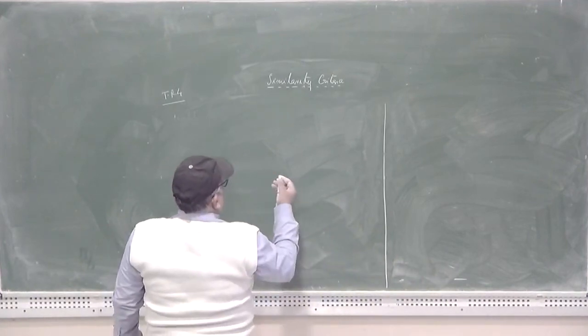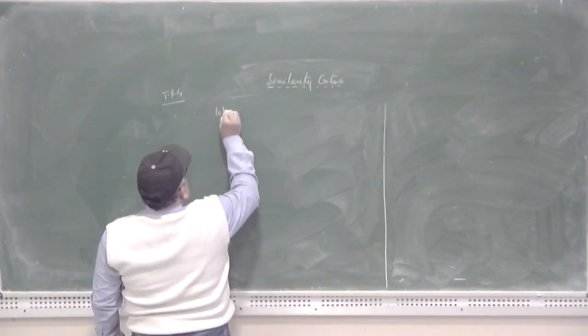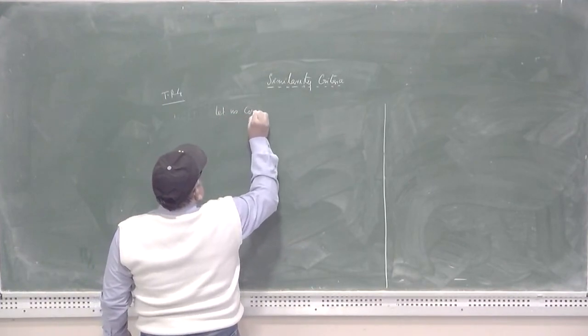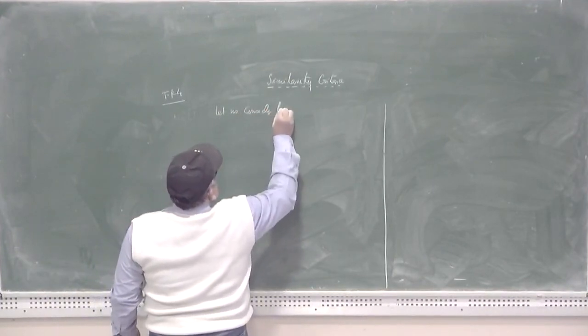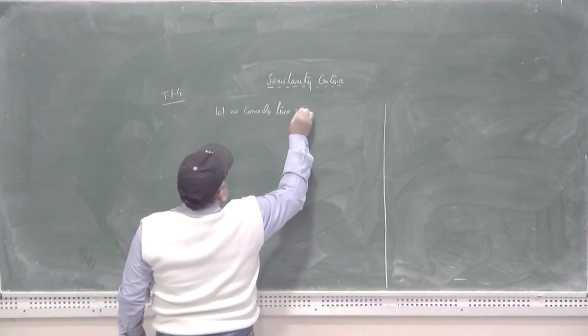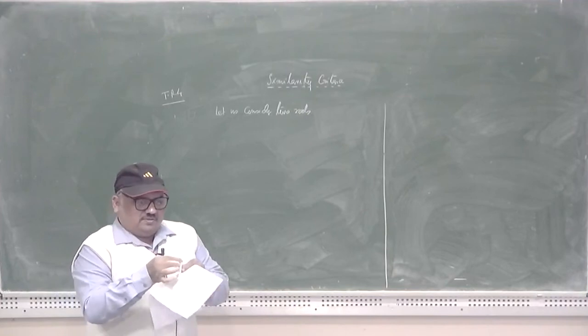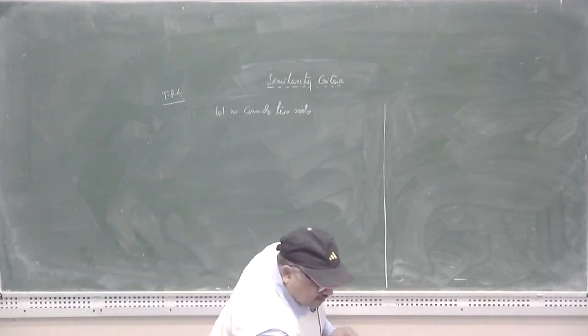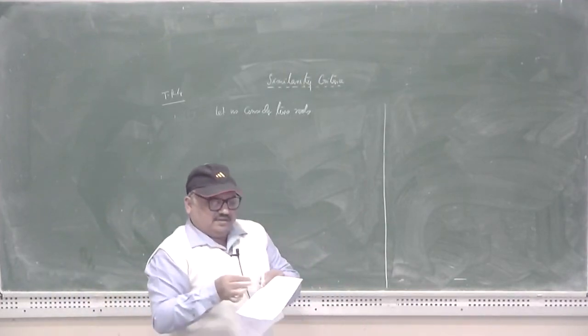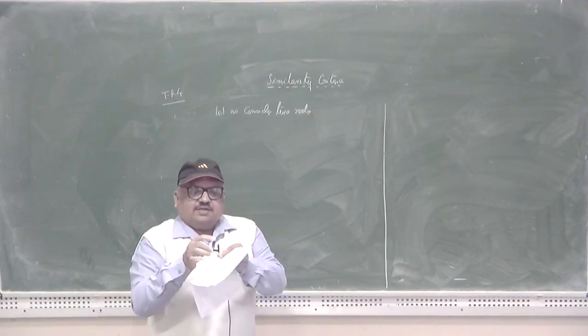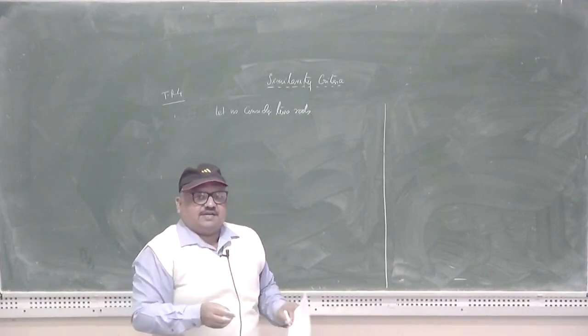So, example is, let us consider two rods, the one rod is this and another rod is this. In both these two rods, the heat flow is taking place in the axial direction.